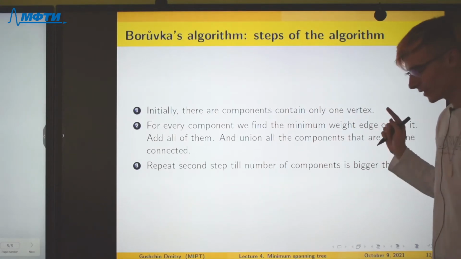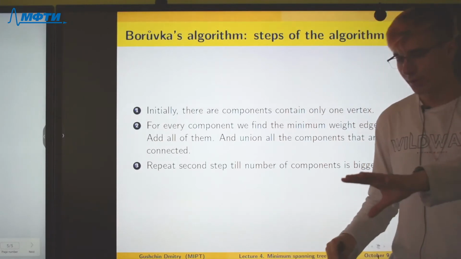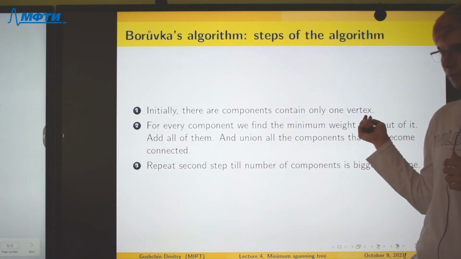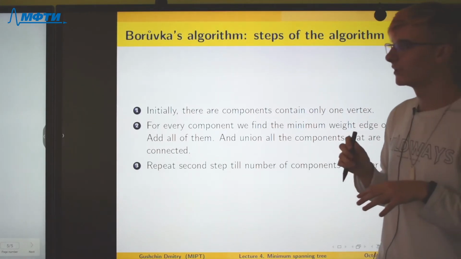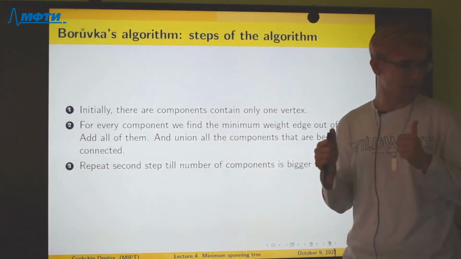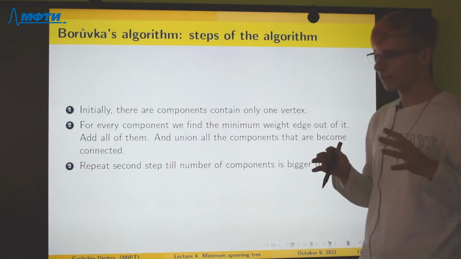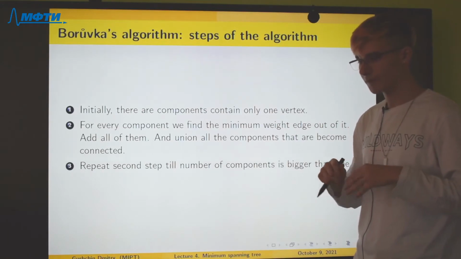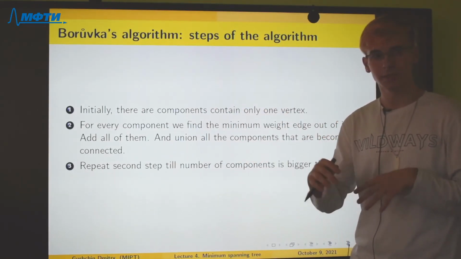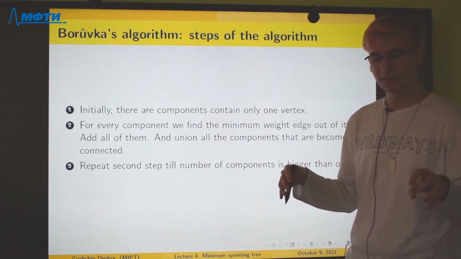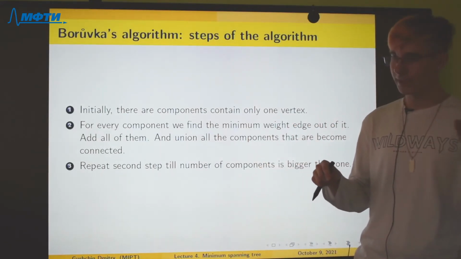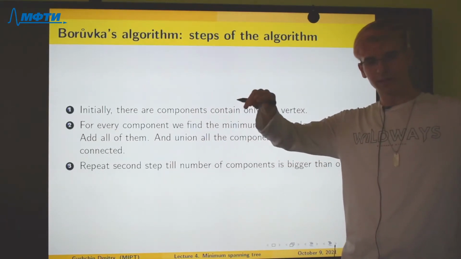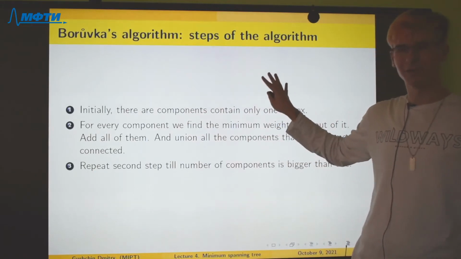We'll talk about Kruskal's algorithm, and it is similar, but Kruskal works with edges, not components. It also gets forests at each step, but Kruskal takes edges with the minimum weights and adds an edge if it connects different components, and repeats this for every edge. We talk about it later.